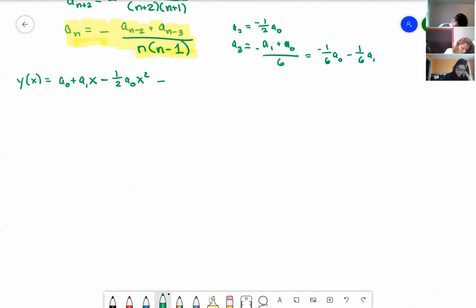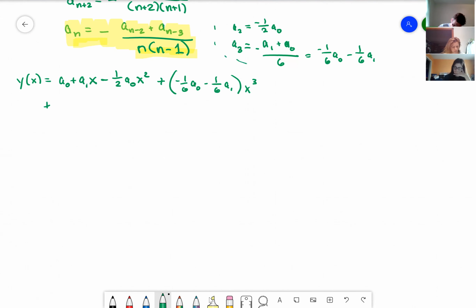Negative 1/6 a0 minus 1/6 a1, x cubed. I'm going to go to the next line.